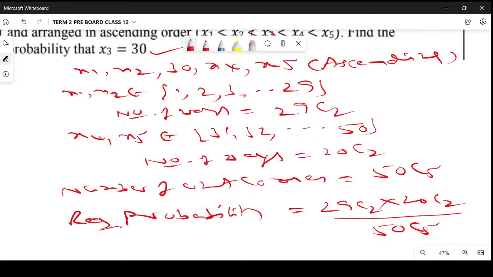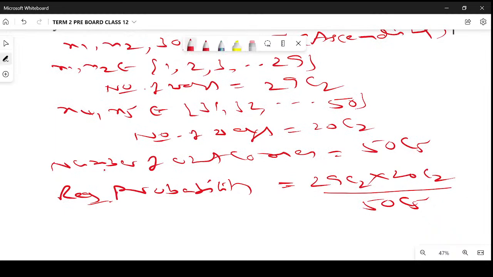50C5. This should be simplified. You know how to simplify that; it only takes time.